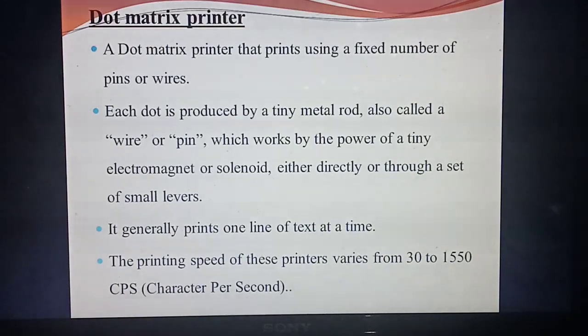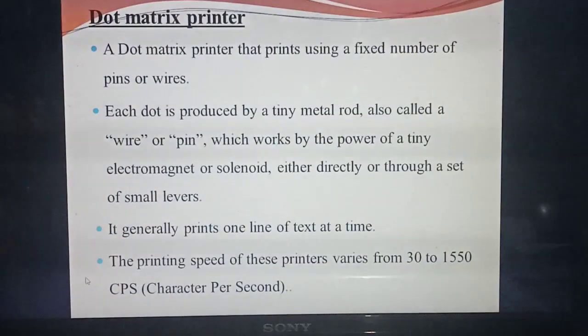Using this dot matrix printer, you can print only one line of text at a time. The printing speed is 32 to 550 characters per second.